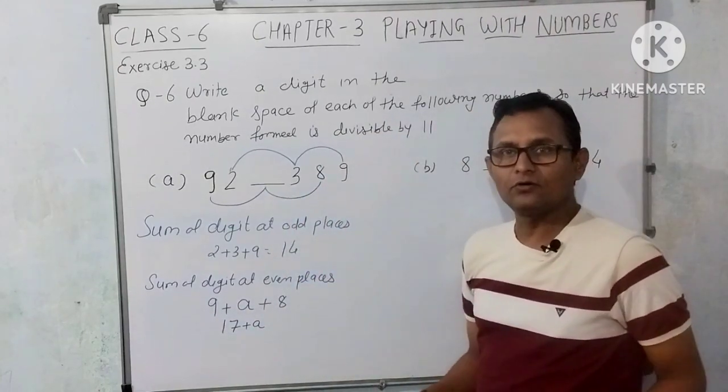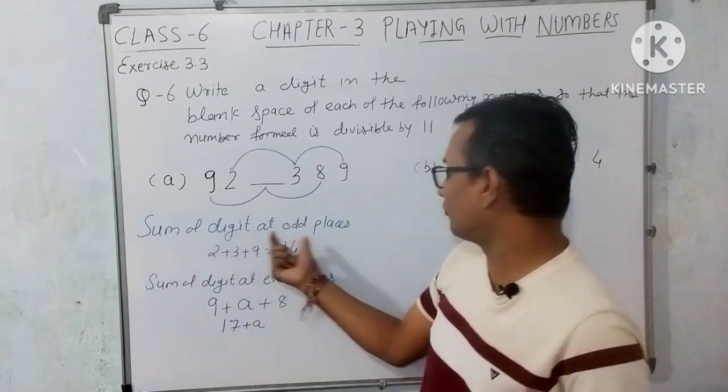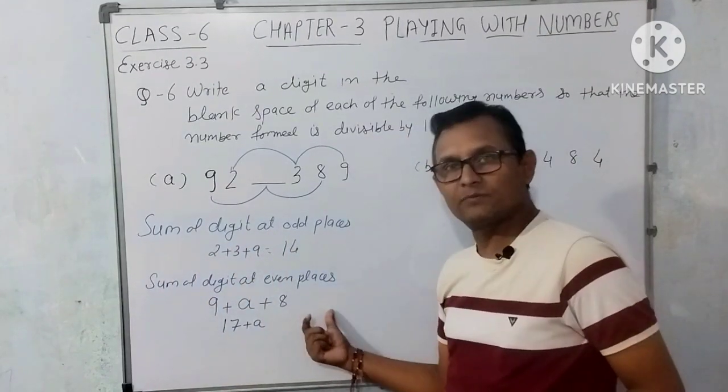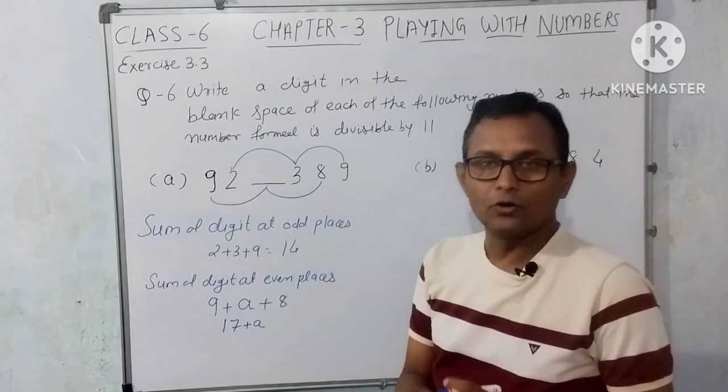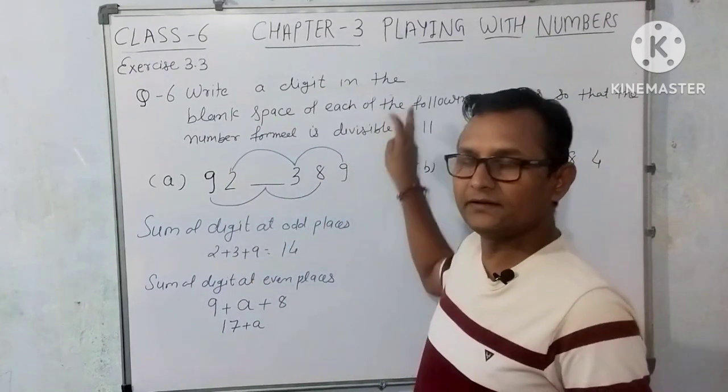Now friends, we know we have to find the difference between the sum of digits at odd places and the sum of digits at even places. If it is 0 or divisible by 11, then we can say the number is divisible by 11.